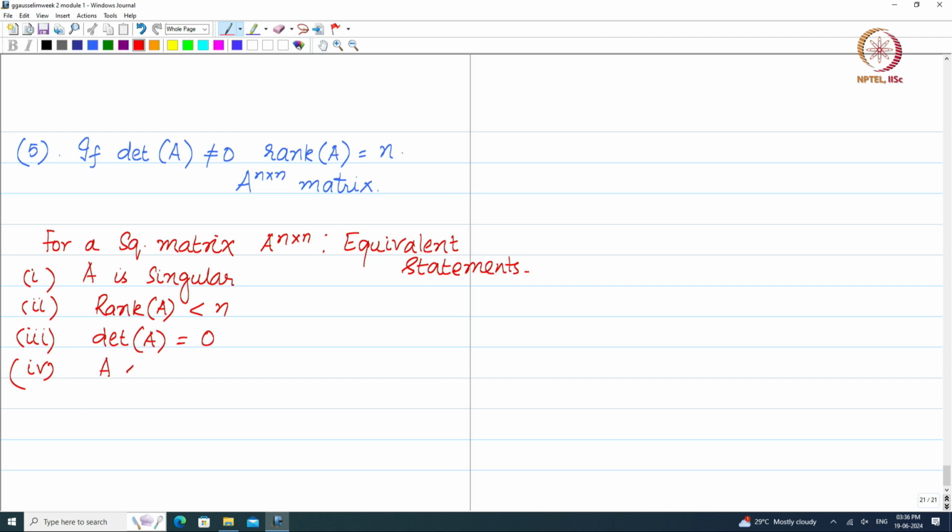A is not row equivalent to I n by n. Ax is equal to 0 has non-trivial solution.